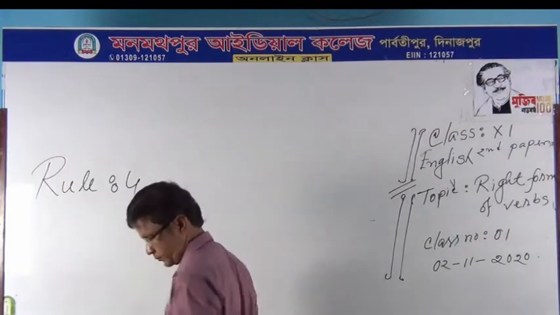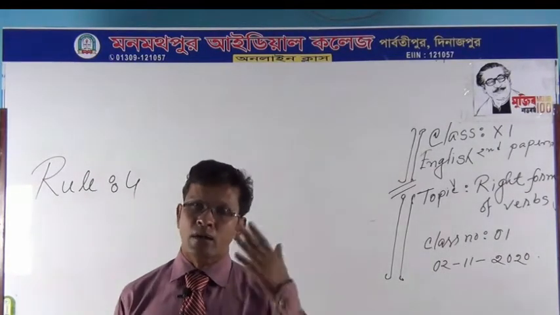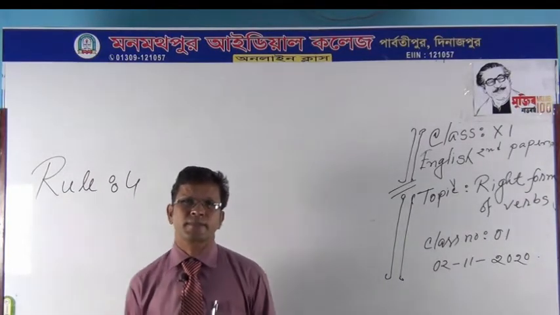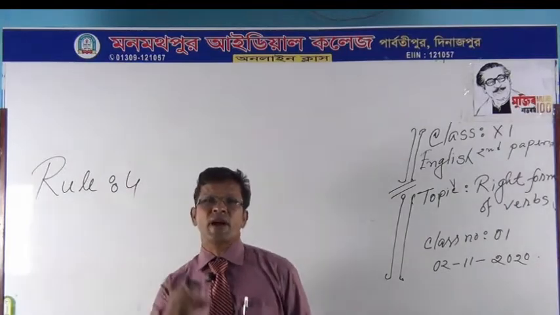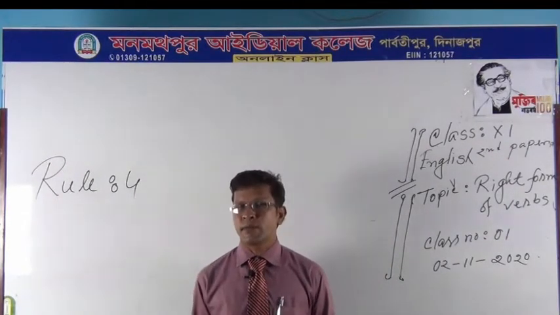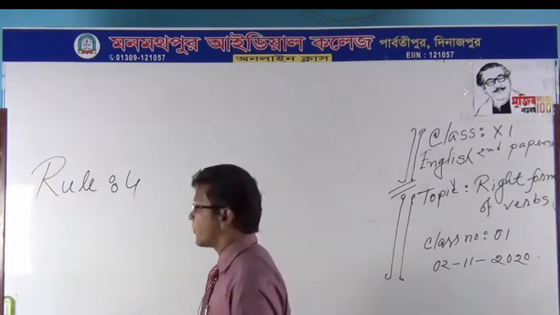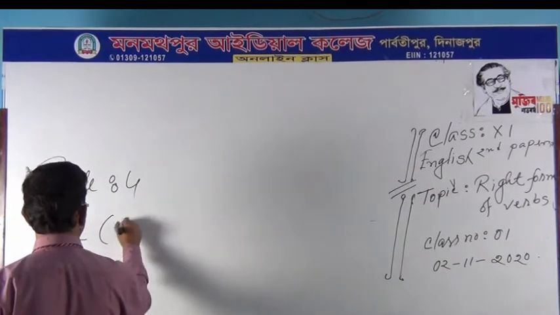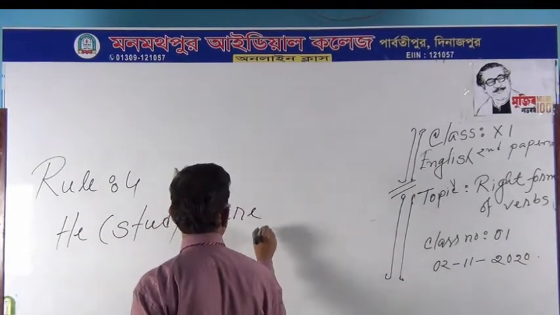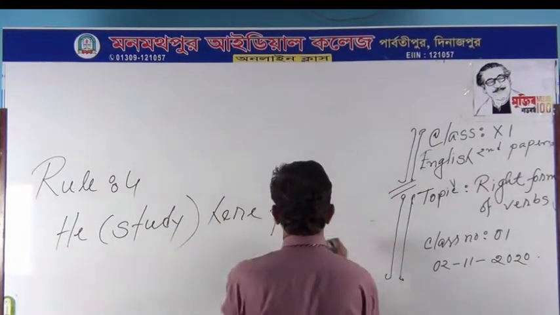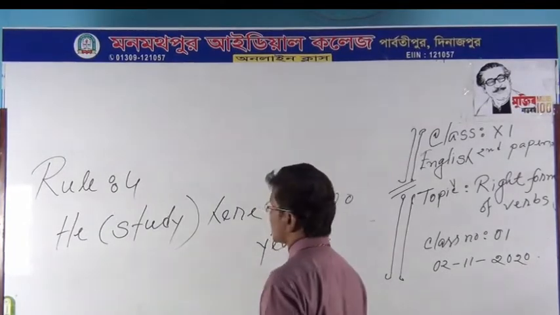Rule number 4. If you find a point of time or a period of time just after for or since in a sentence, you will use present perfect continuous tense in that sentence. Okay? For example, notice the sentence.